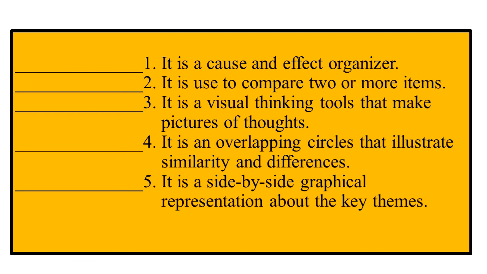Number 3. It is a visual thinking tool that makes pictures of thoughts. Number 4. It is overlapping circles that illustrate similarities and differences. Number 5. It is a side-by-side graphical representation about the key themes.